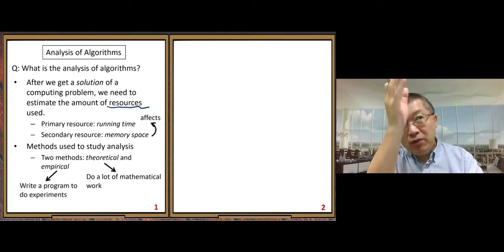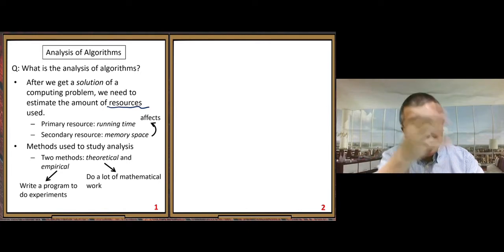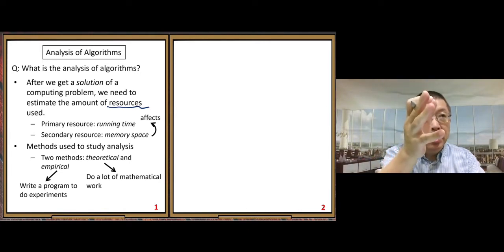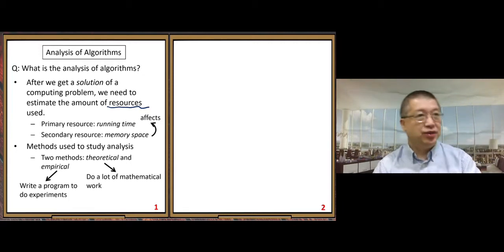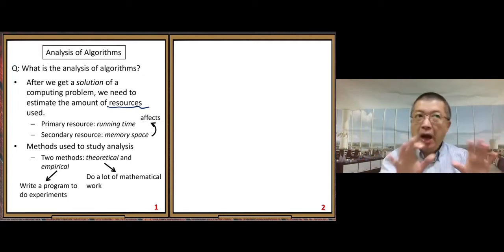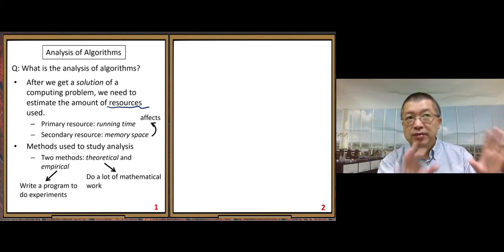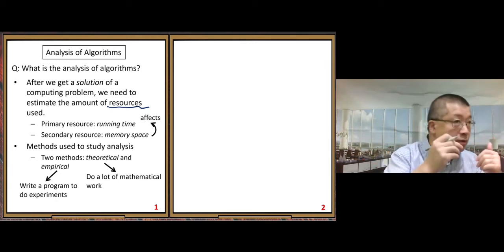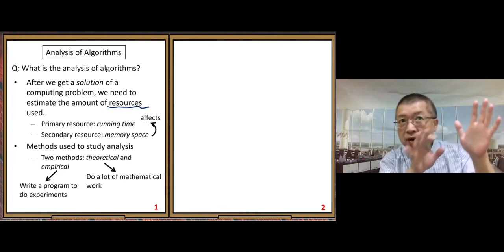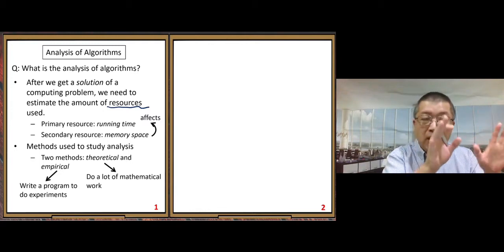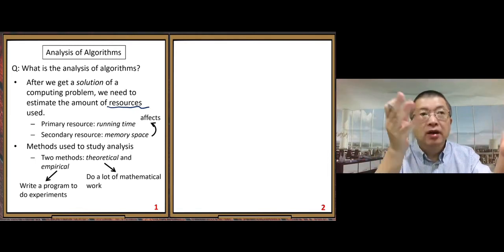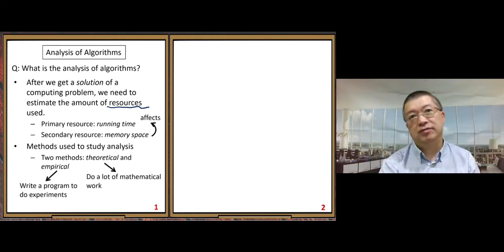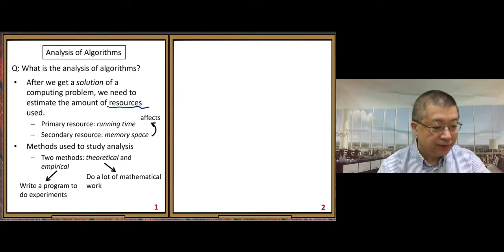In our project one, you actually need to do empirical analysis. So you implement 3 different algorithms for evaluating polynomials, and then you compare their execution time, that kind of thing. Empirical analysis.